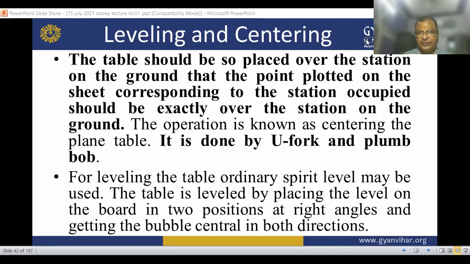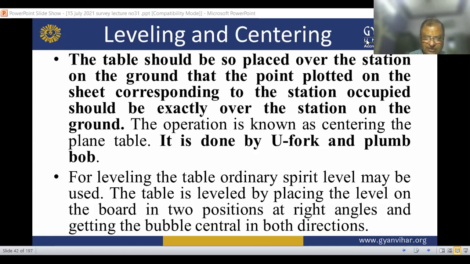The table should be placed over the station on the ground, so that the point plotted on the sheet corresponding to the station occupied is exactly over the station on the ground. This operation is known as centering of the plane table. It is done by U-fork and plumb bob.